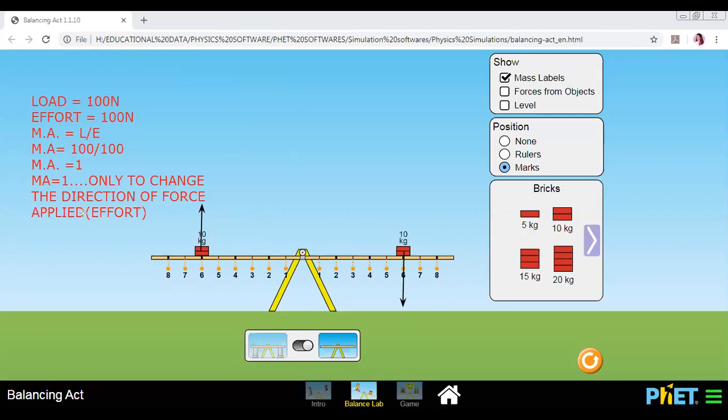It is only changing the direction of force applied. So when the load is 100 and the effort is also 100, or when the load and the effort are the same, your MA comes out to be 1. And in such scenarios, that machine is only changing the direction of force applied.